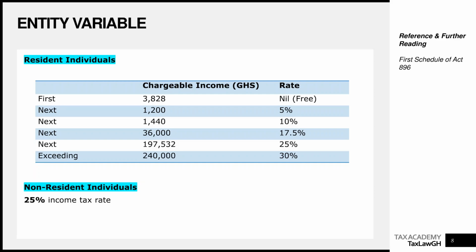However, a resident person will end up paying less than 25% because, don't forget, this is cumulative, they'll probably end up in the 5%, 10% band.